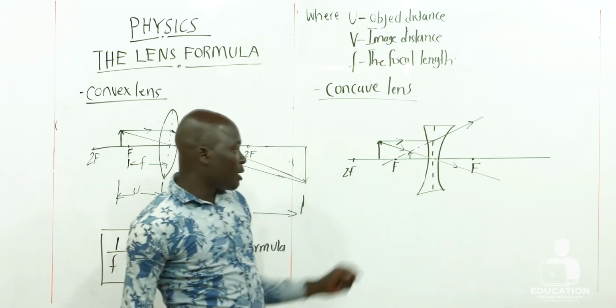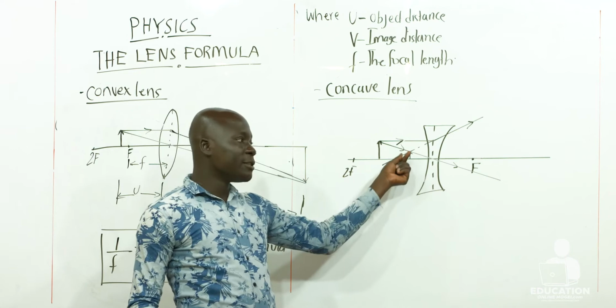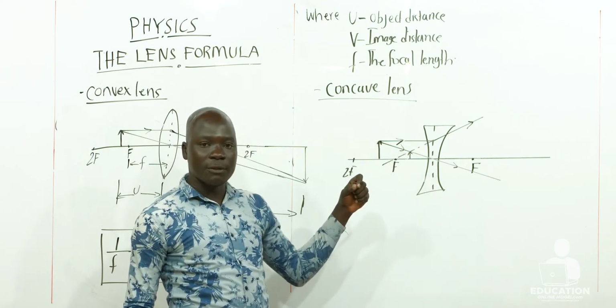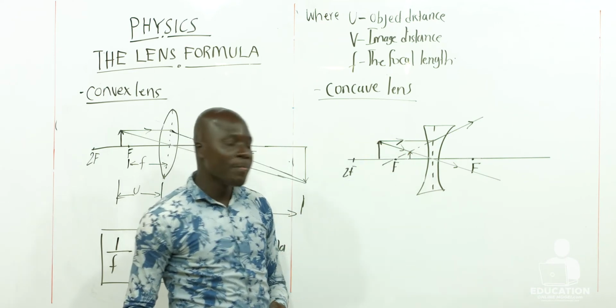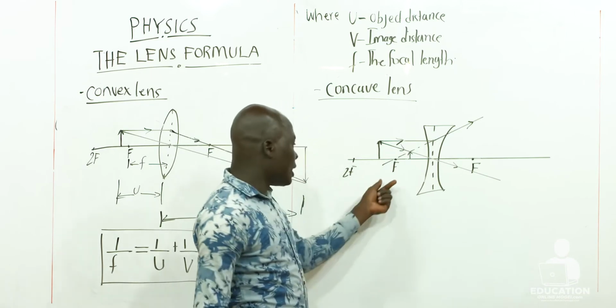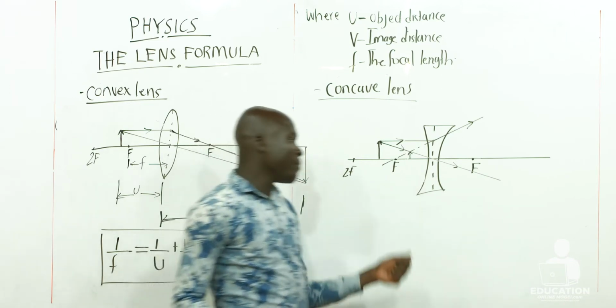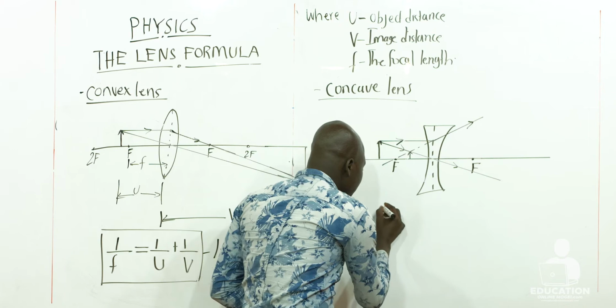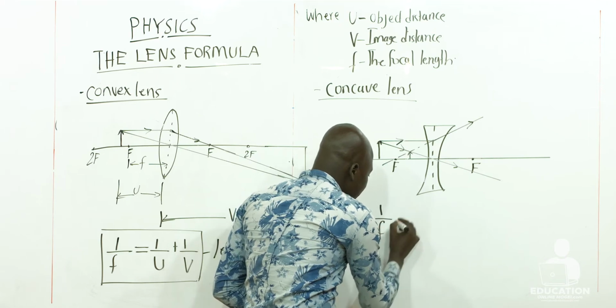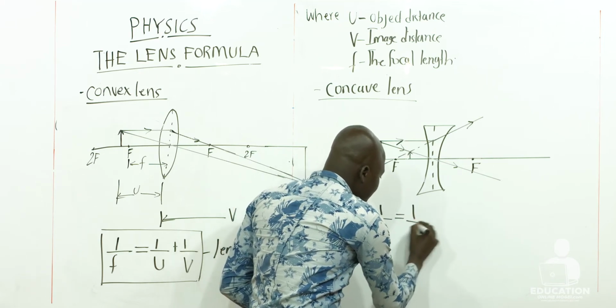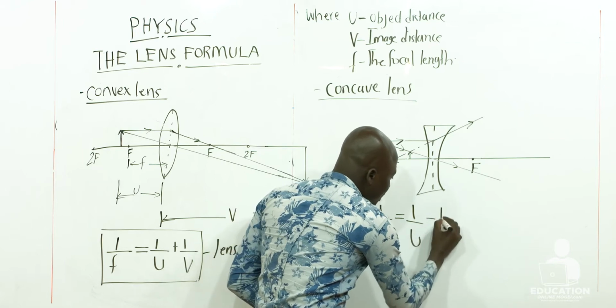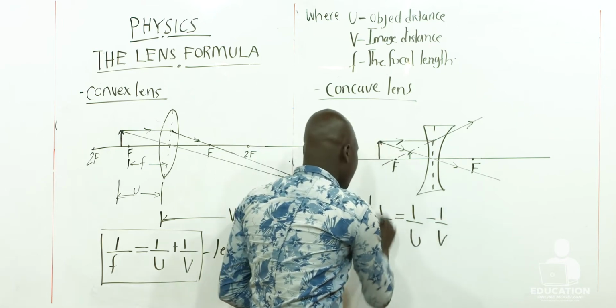So now the formula that we are going to use, since the image is formed by apparent intersection of rays, we take its distance to be negative. And in that case, the focal length will also be negative. So we are going to use the formula 1 over f is equal to 1 over u minus 1 over v.